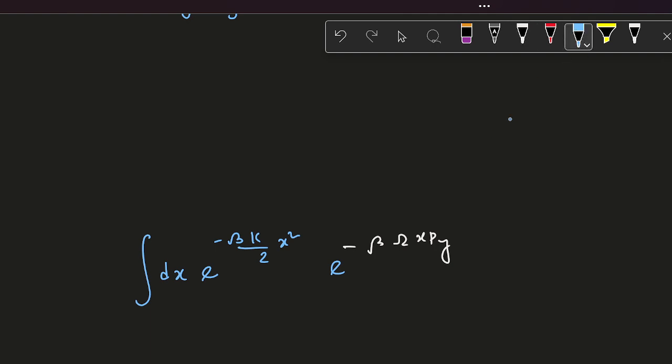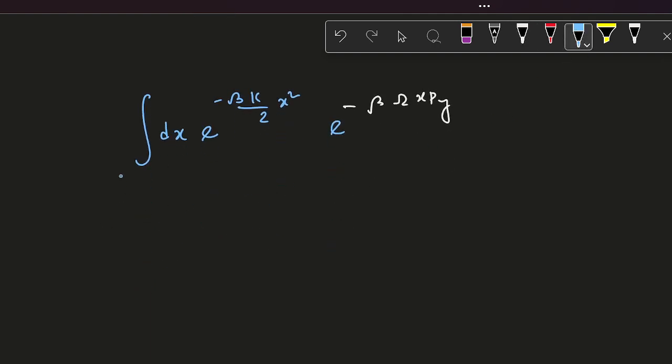So now you try to solve it. Now this is not the generic form of a Gaussian integral. No, this is also an integral from minus infinity to plus infinity. But for the simplicity of calculation, we'll try to reduce it to a Gaussian-like form and then get the answer directly. So how to do that? First of all, write all the power of the exponential in a full bracket. So this is e to the power of minus beta k by 2.